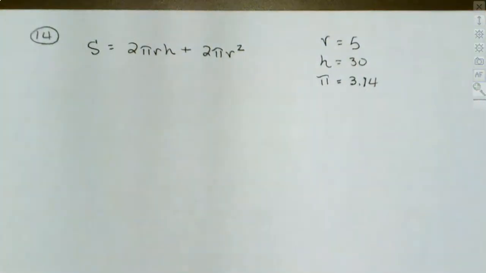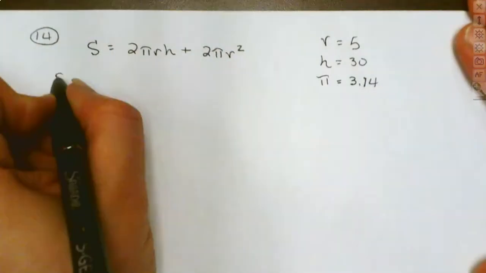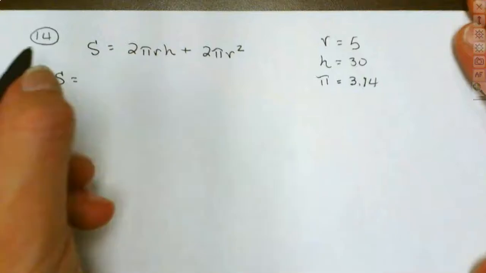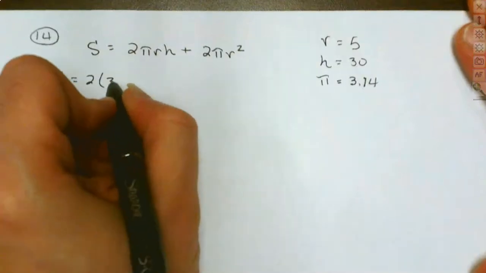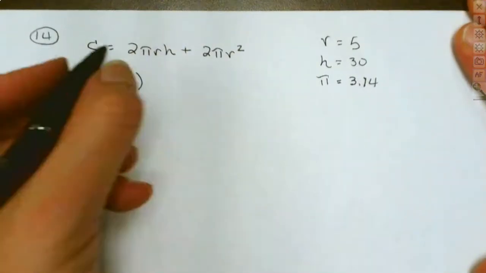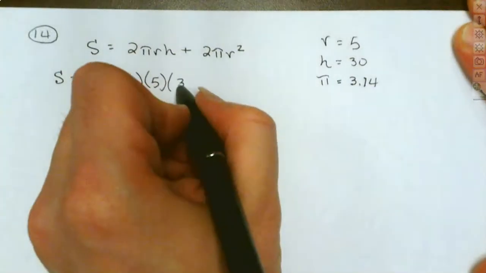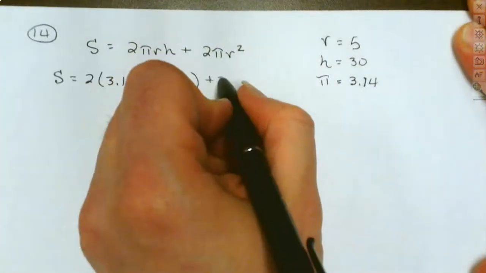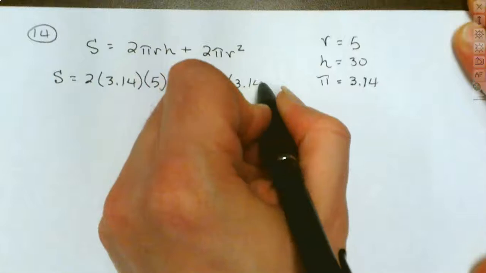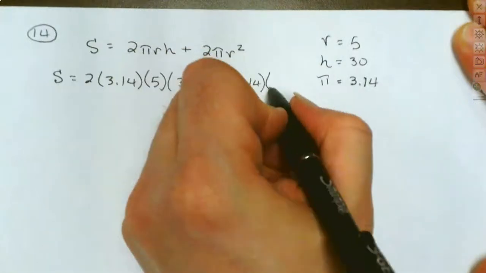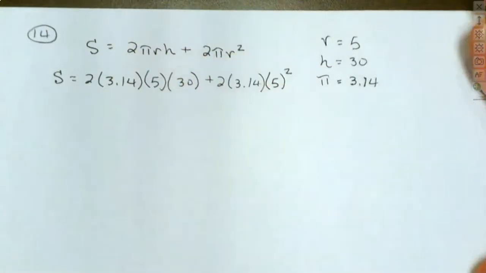If it doesn't, then you can use the pi button on your calculator. This one says use specifically 3.14. So that is then S equals 2 times 3.14 times 5 times 30 plus 2 times 3.14 times 5 squared.